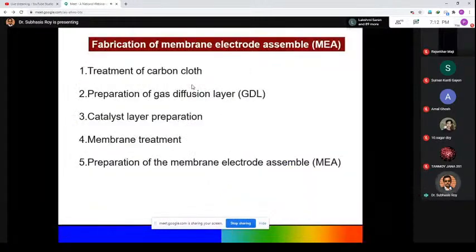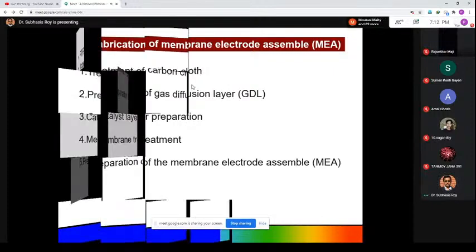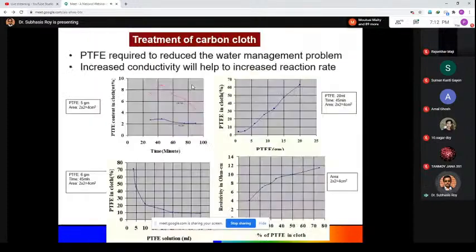So here, particularly, we target treatment of the cloths of the working electrode, then gas diffusion layer preparation, then catalyst layer preparation, membrane treatment, and finally the electrode assembly preparation. If you look at this PTFE content, it is one type of doping which increases the hydrophobic property of the material.